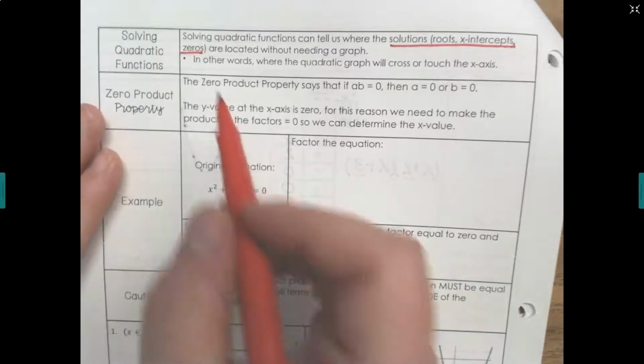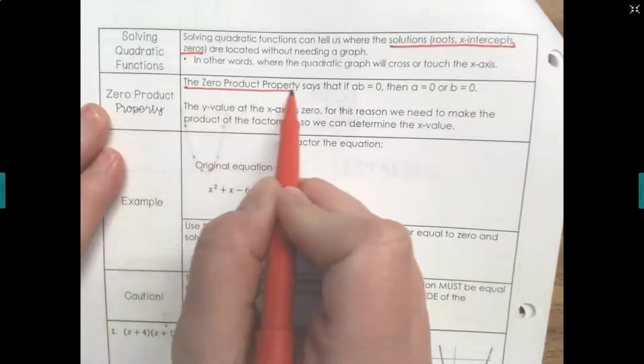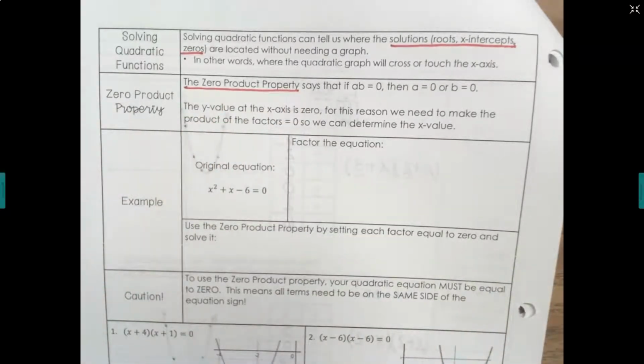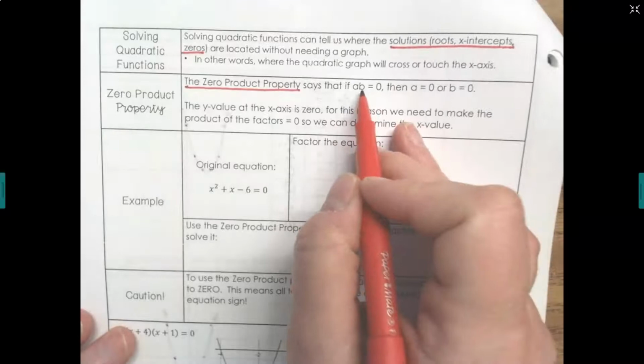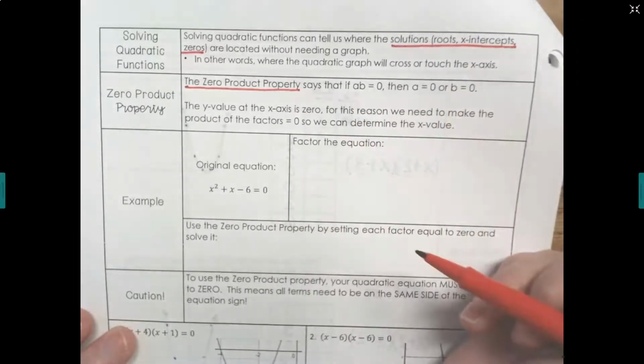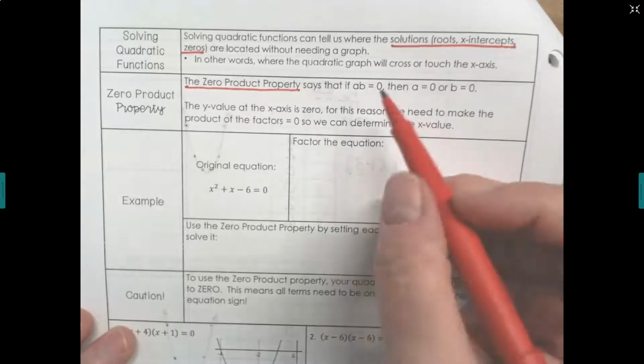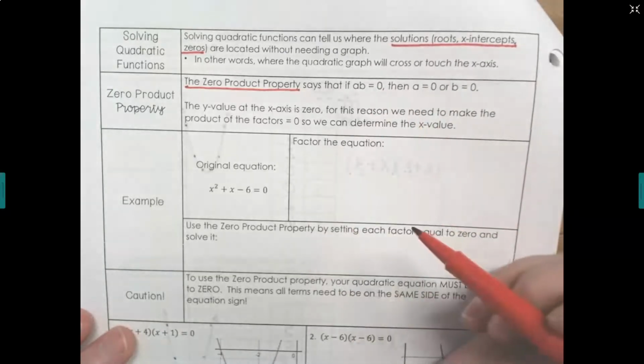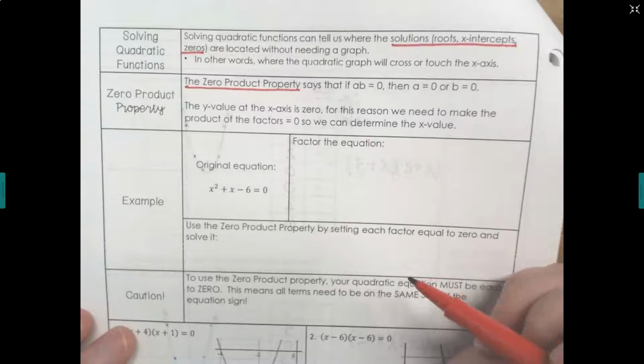We're going to use something called the zero product property. Okay, so the zero product property essentially says, and you guys already really know this, if you multiply two things and they equal 0, then one of those two things has to be 0 also, because that's how you get a 0 through multiplication, by multiplying by a 0.